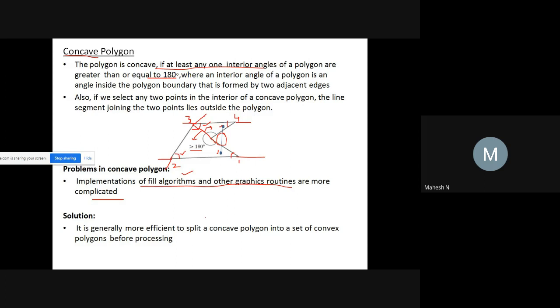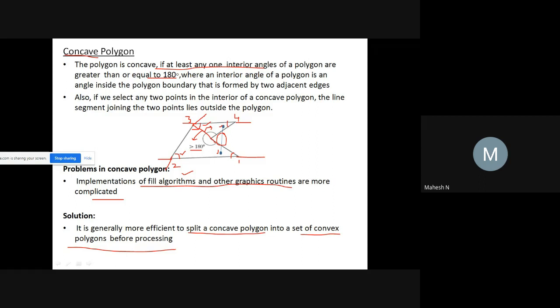So I will split the concave polygons into a set of convex polygons before processing. That means before I start filling the color inside my polygon, if that polygon is concave, I will break that concave polygon into convex polygons, and finally, to fill the color, my polygon should be a convex polygon.